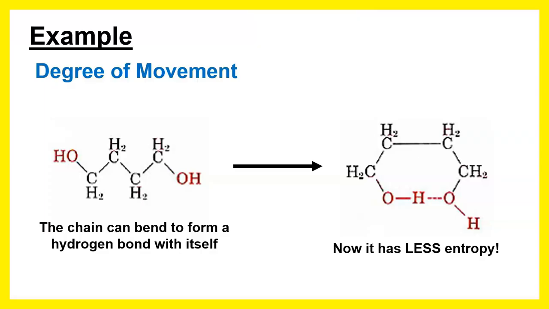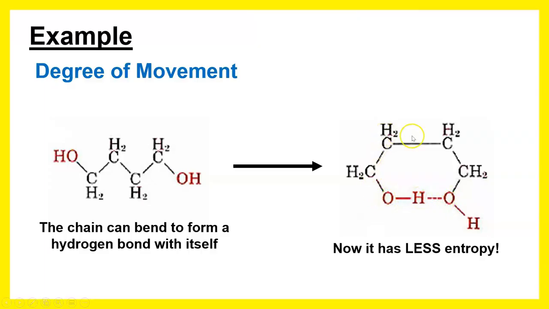That chain is flexible enough to bend around, and we can end up with some hydrogen bonding happening here between one end and the other. One end is donating the hydrogen to the hydrogen bond, and one end is receiving it. Hydrogen bond donator, hydrogen bond acceptor.